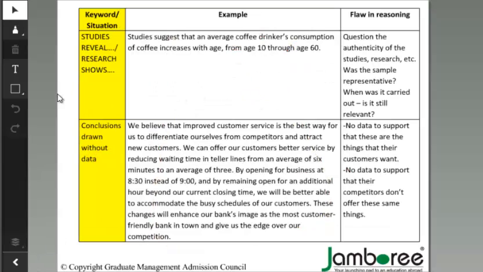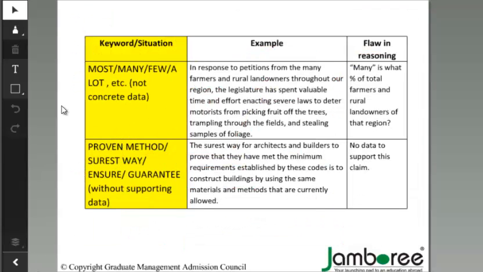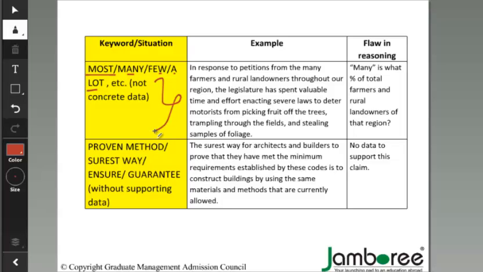Okay, we are done with this. Now, the use of most, many, few, a lot, without concrete data. If I say that many people don't like apples, what do you mean? I mean, so many people don't like apples, like in India many people don't like apples, so India should export most of its apples to other countries.